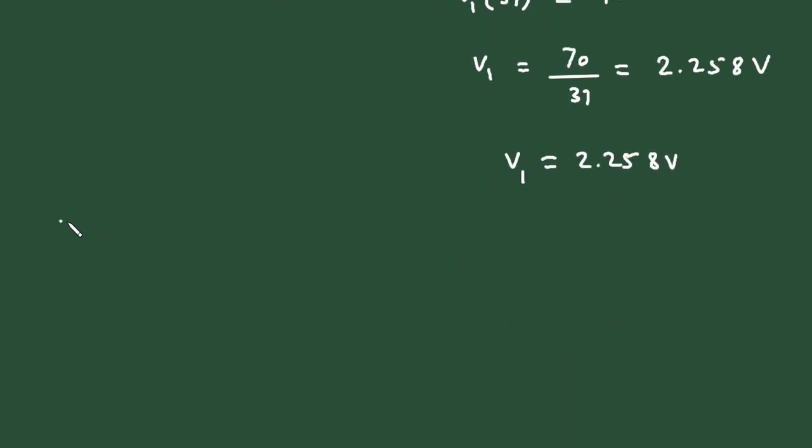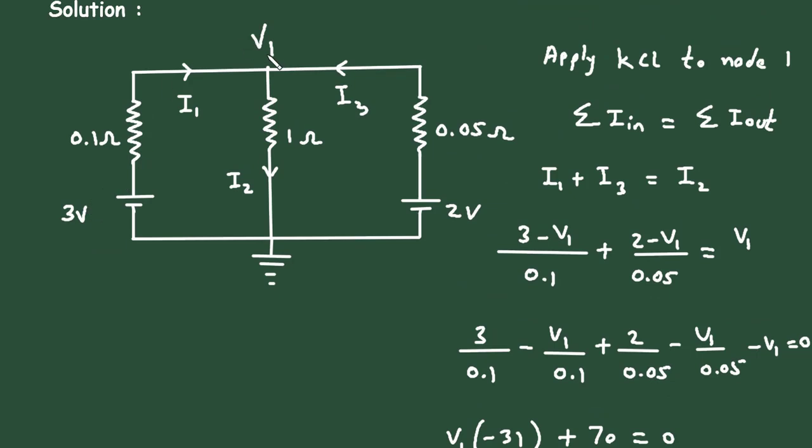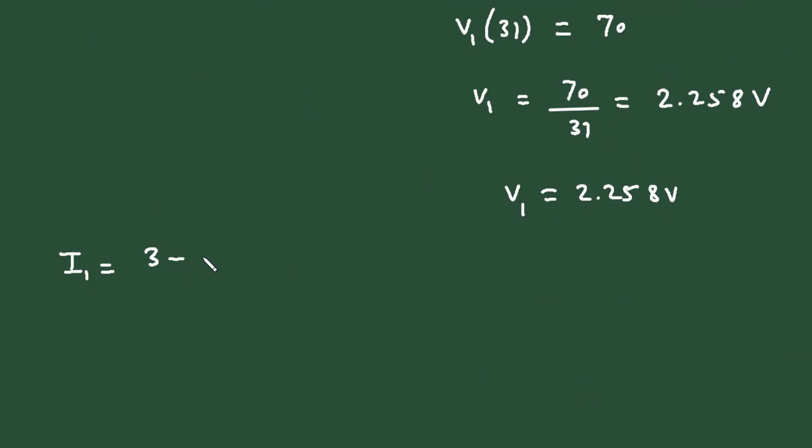So I1 is equal to 3 minus V1 divided by 0.1.